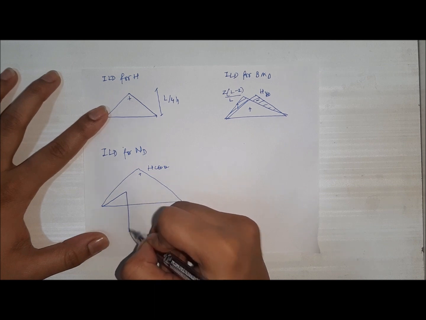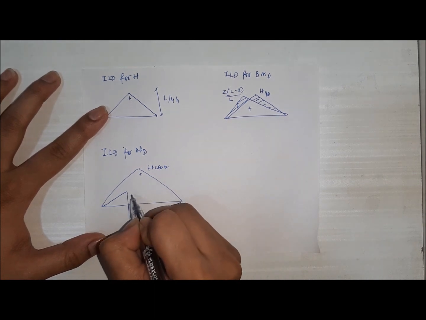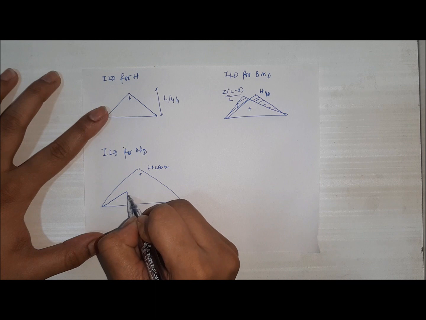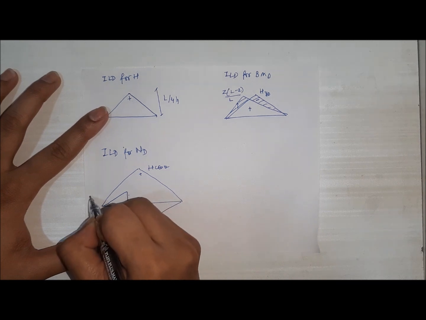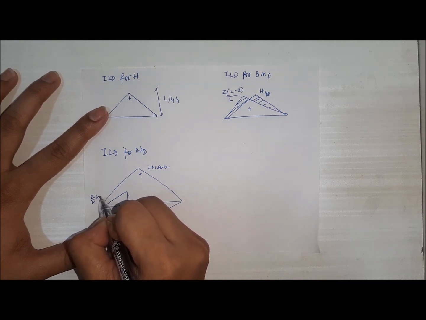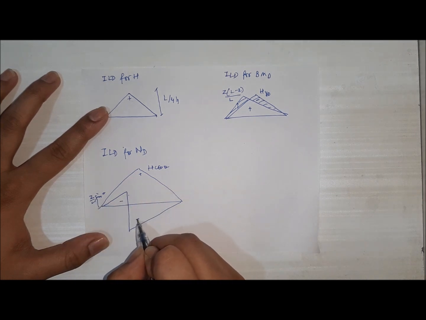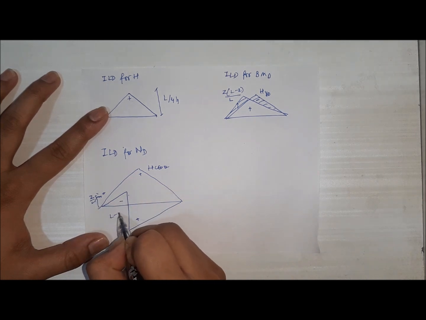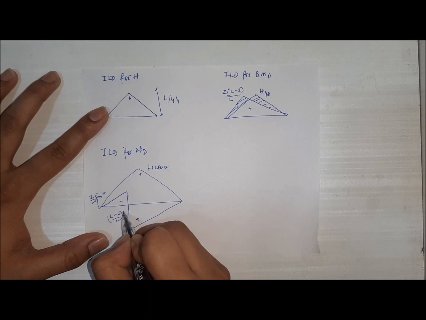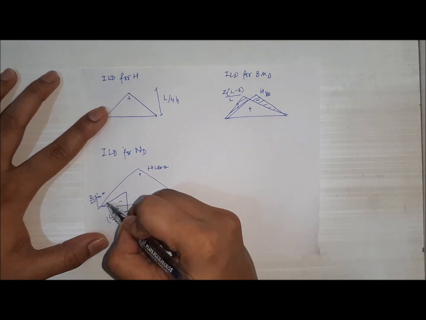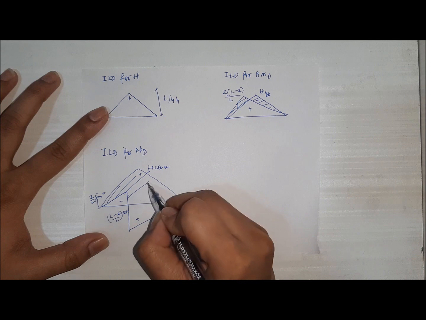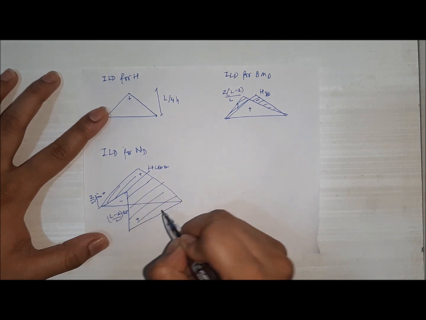This will come out like this. This dimension is Z by L sin theta. This particular height is negative, this portion is positive, and this height is L minus Z by L sin theta. We will hatch the portion.